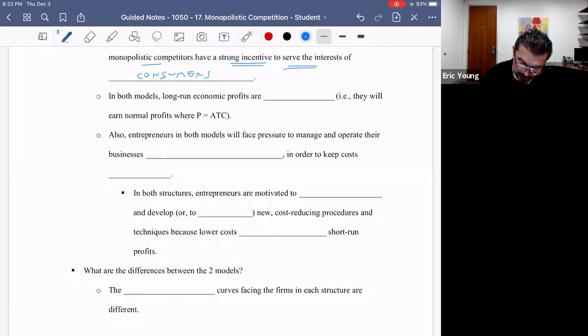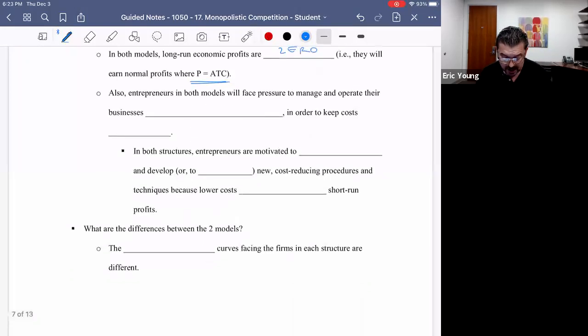Another similarity is that in both models, long-run economic profits are zero. And this is because of the low barriers to entry and the fact that they're going to end up at P equals ATC. In addition, another similarity between these two market structures is that entrepreneurs in both models, so whether you're an entrepreneur in the perfectly competitive arena or an entrepreneur running a firm in the monopolistically competitive arena, are going to face pressure to manage and operate their businesses efficiently.